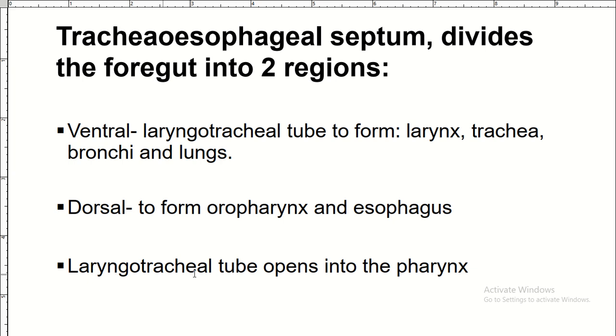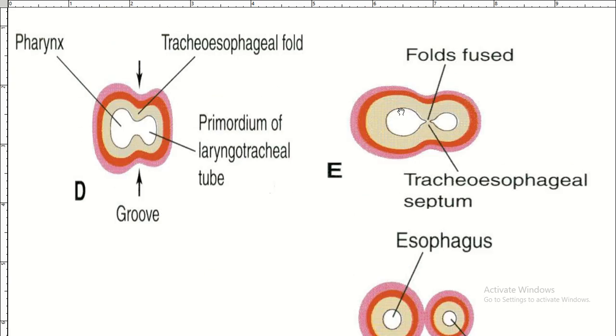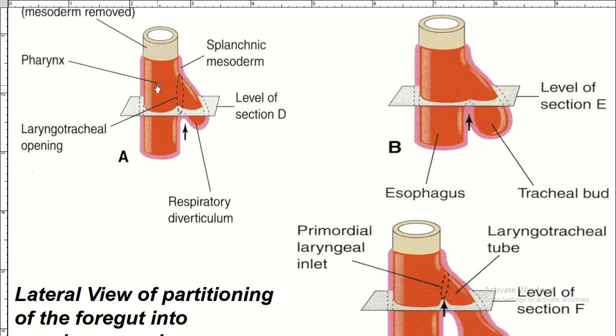The laryngotracheal tube opens into the pharynx via the larynx, right? So there's going to be open communication between your trachea and the pharynx via the larynx.